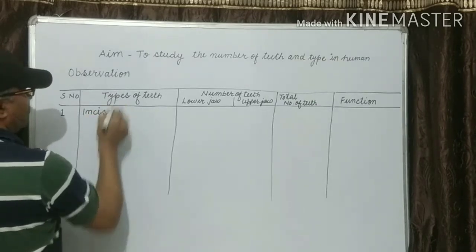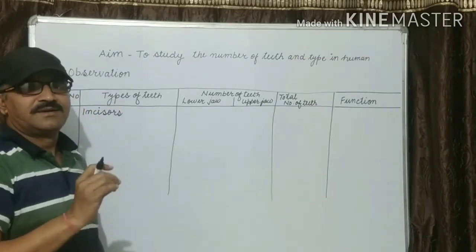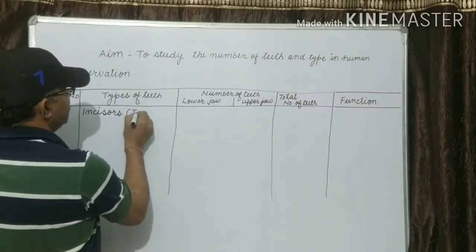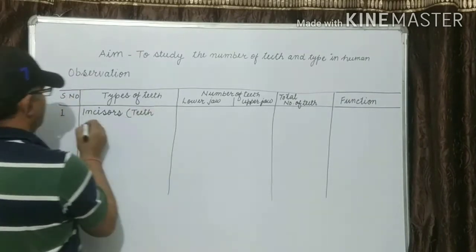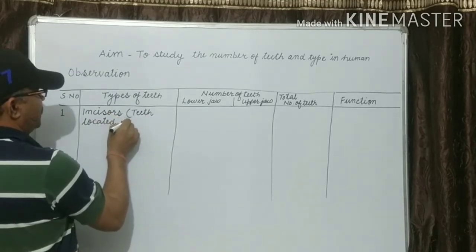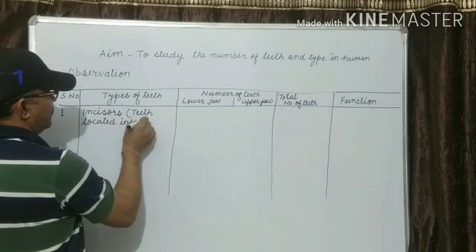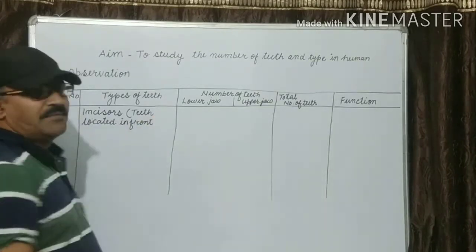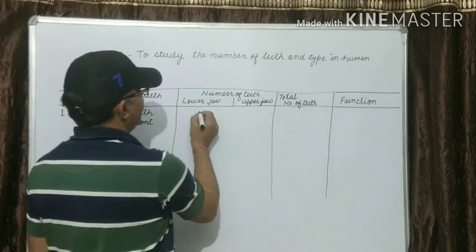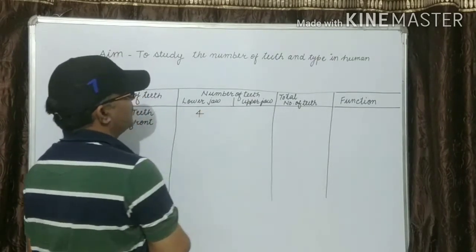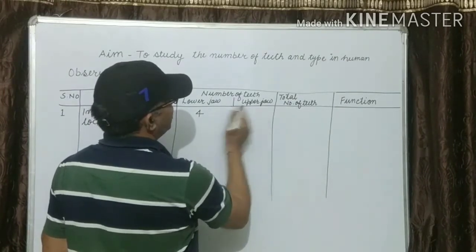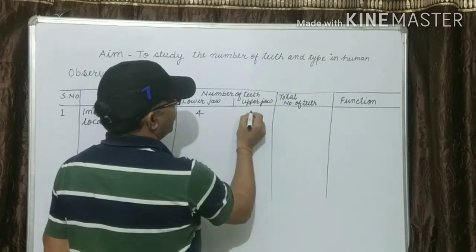Where they are present? Teeth located in front. What is the number of incisors? 4 in lower jaw, and how many in upper jaw? 4.